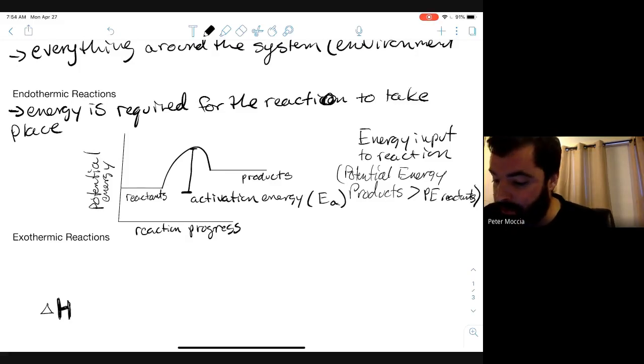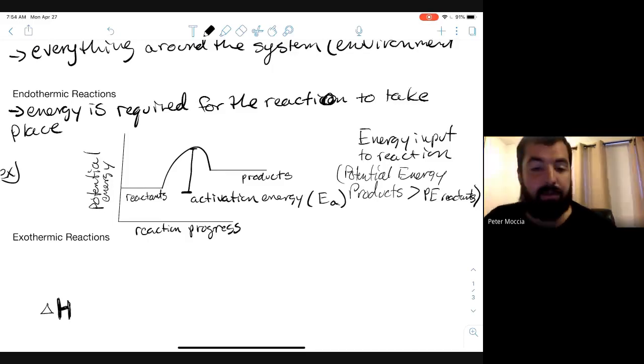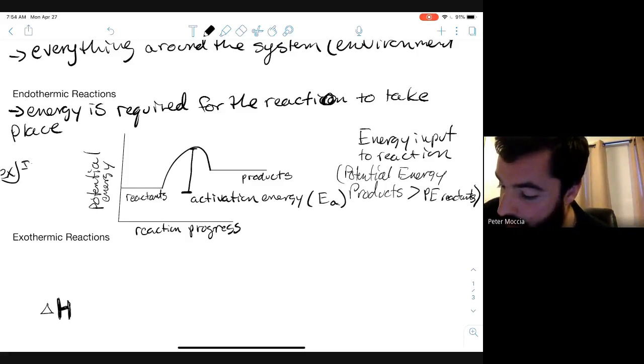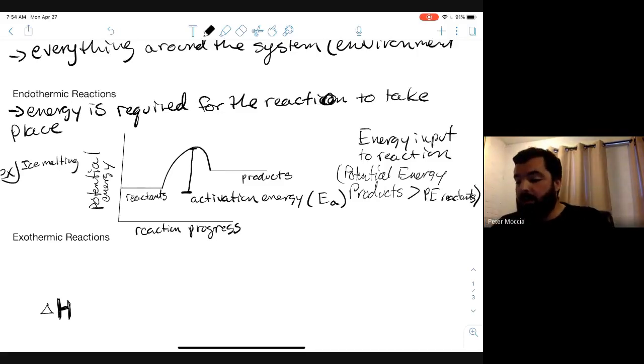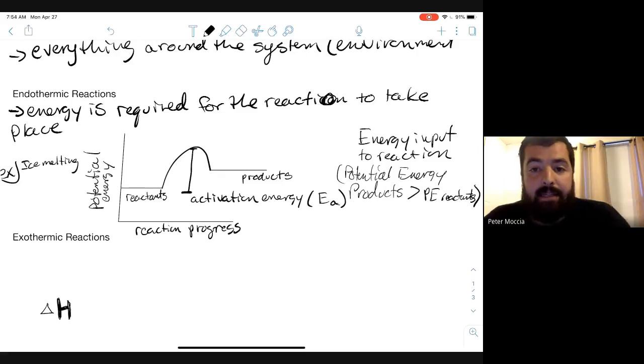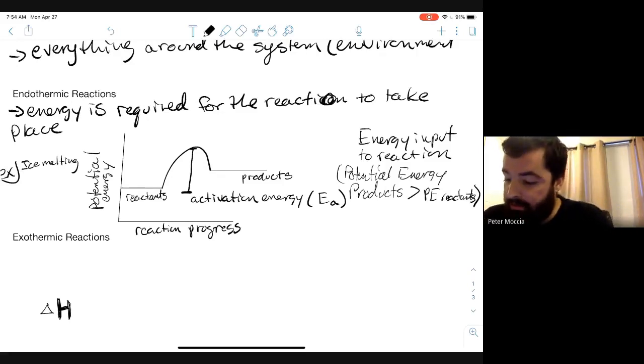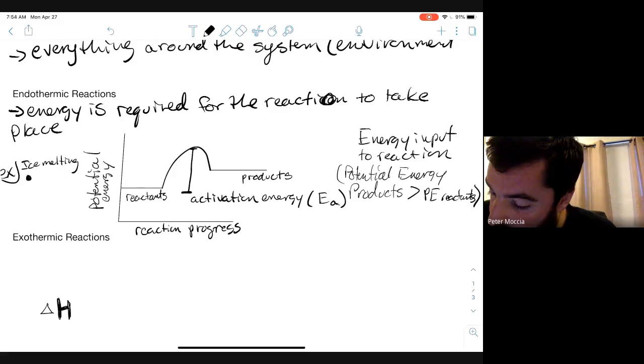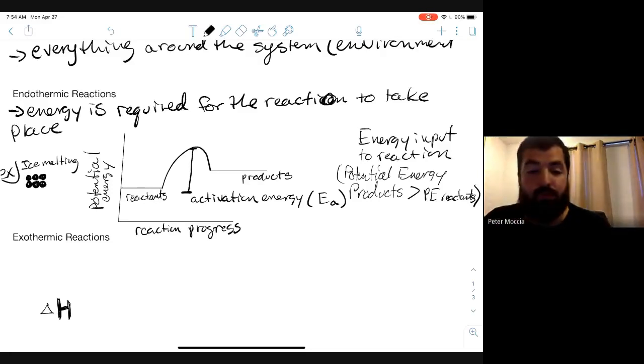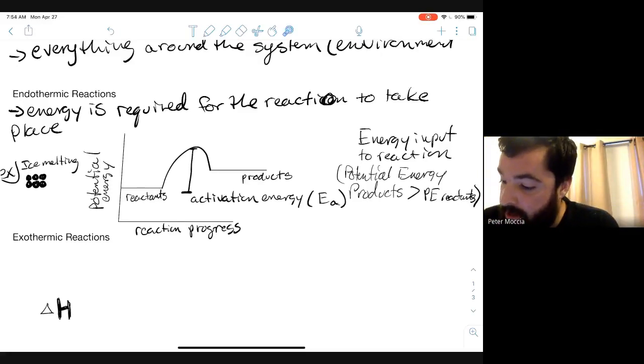Here are some examples of this. Examples of endothermic reactions might be ice melting. Now, in order for ice to melt, when you have a solid, you have all these particles in a fixed position, and they have super strong intermolecular forces holding them together, right?